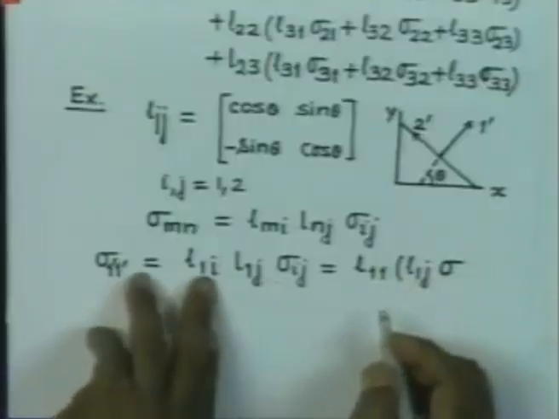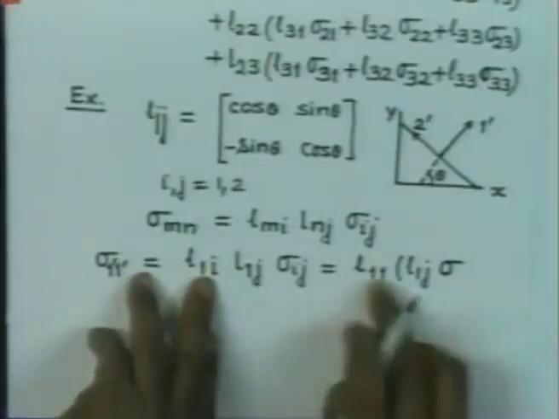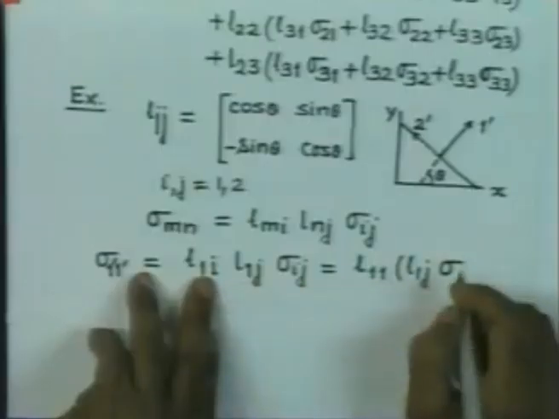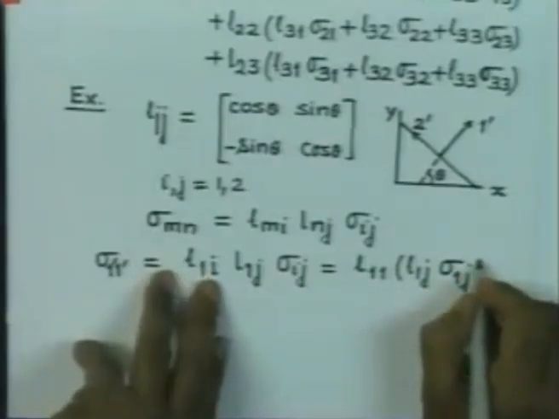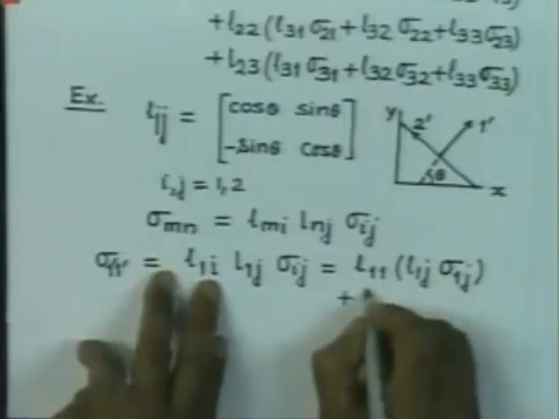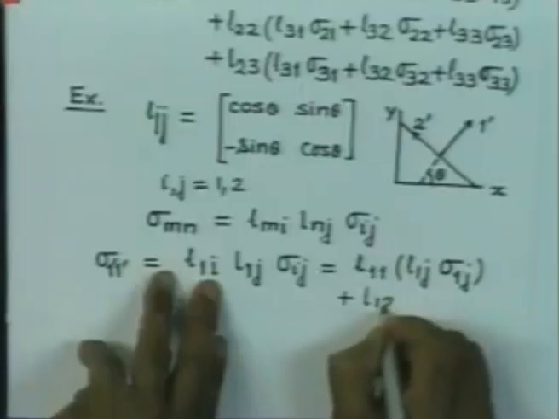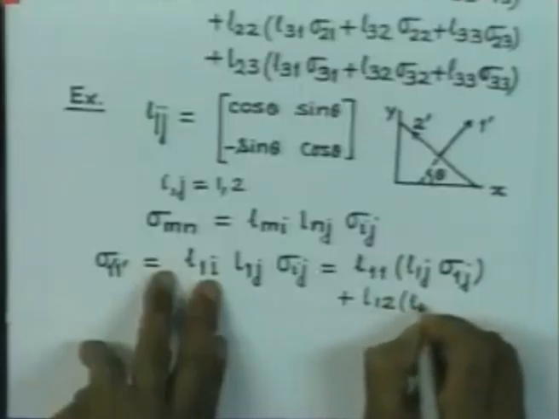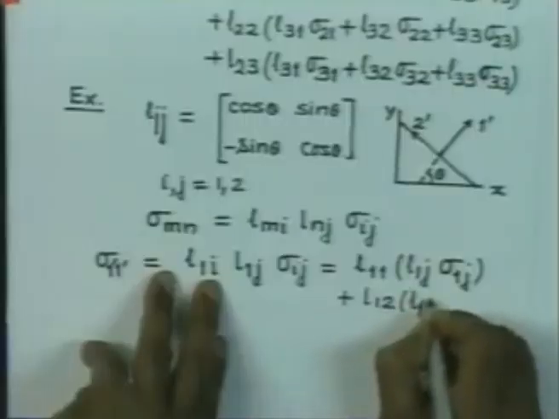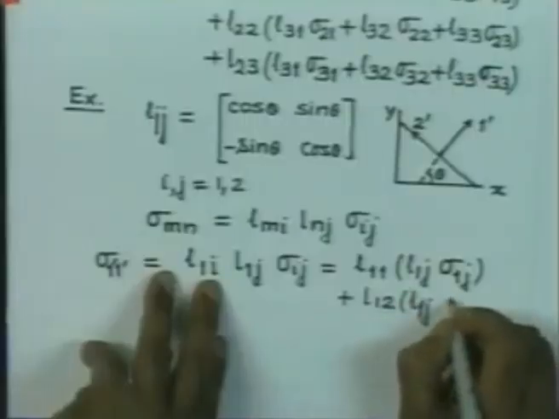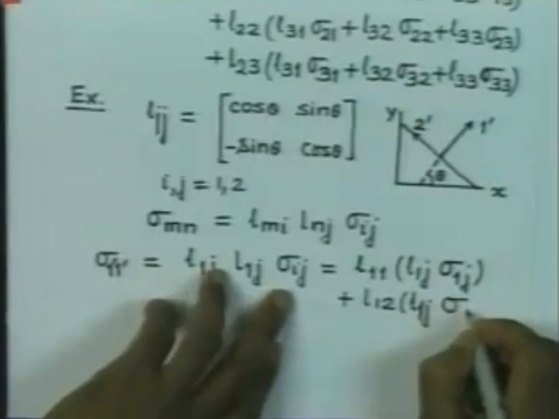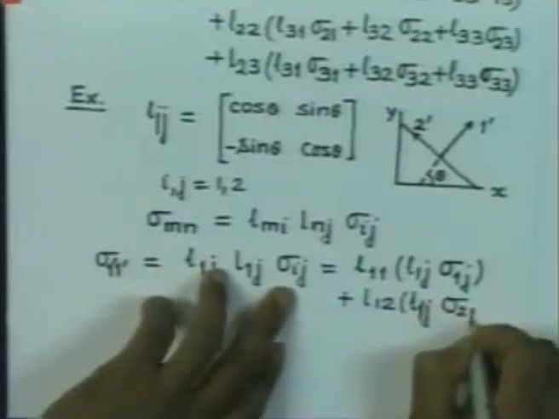We are taking the value of i to be 1, so therefore, L 11 into L 1j into sigma 1j plus L 12 L 1j into sigma 2j.